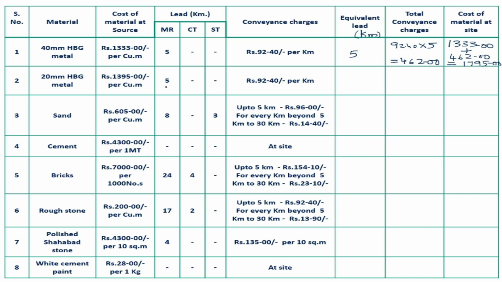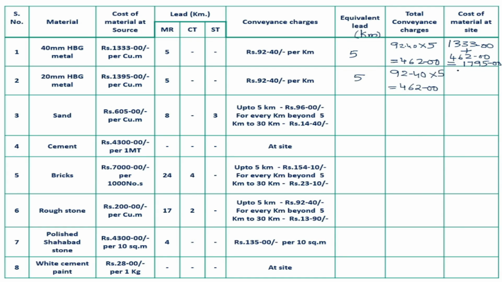Second one is 20 mm HBG metal, and its cost at source is 1395 rupees, and it is also taken in a metal road, and its conveyance charge is 92 rupees 40 paisa per kilometer. So equivalent lead is 5 kilometers, which is equal to actual lead, and total conveyance charge is 92.40 into 5, also 462 rupees.